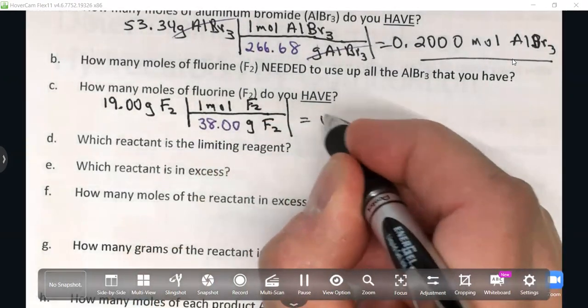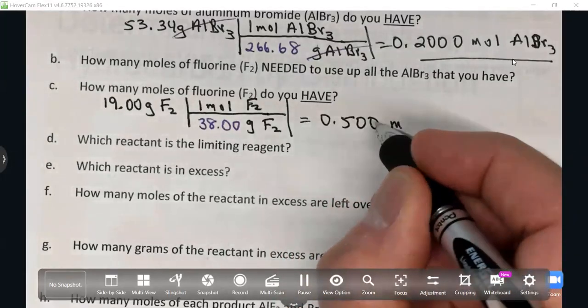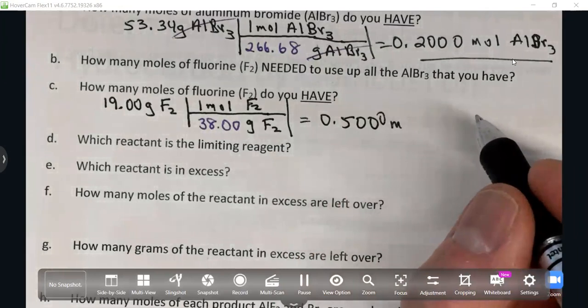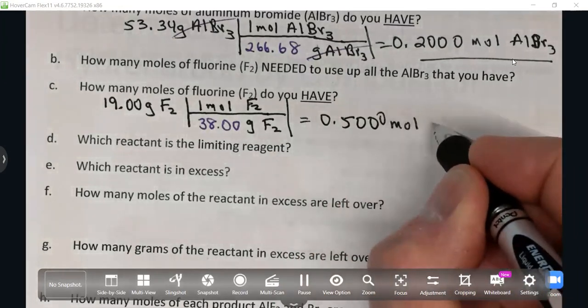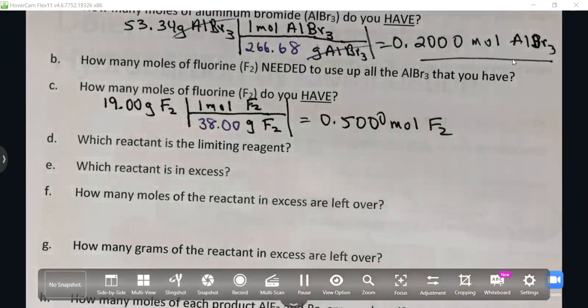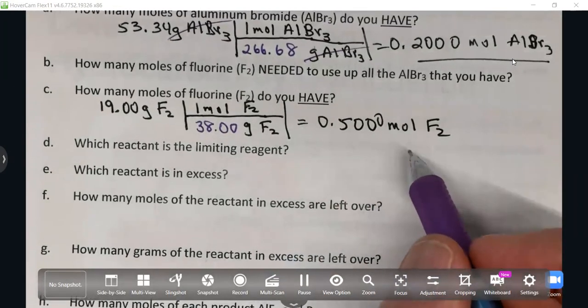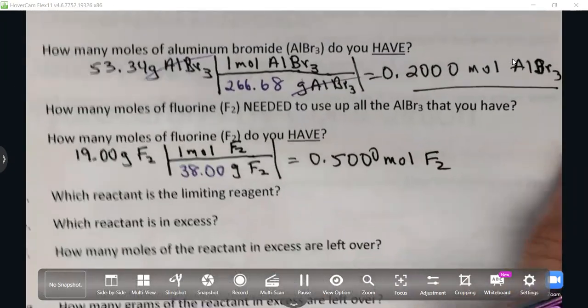So that is 0.5000 if I kept my 4 sig figs, which I should, moles of fluorine. So 0.5000 moles of fluorine.